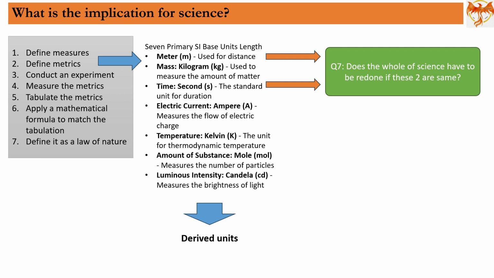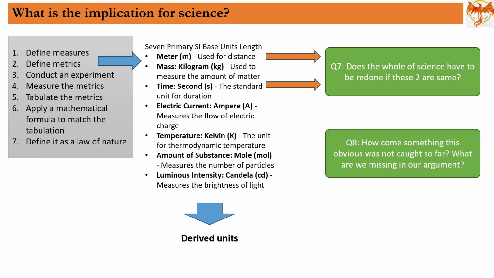They're just a restructuring of each other. So, does this mean that we have to basically revisit everything we've discovered in science so far, which is based on meter or time, to recalibrate all those theories?